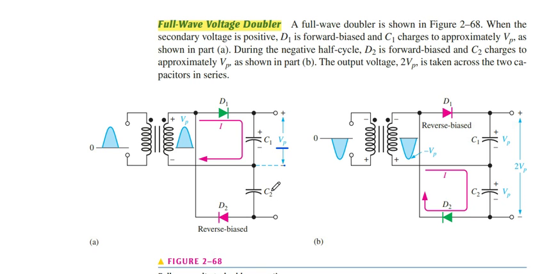And again the voltage stored in C2 is Vp. We get the output across this point and this point, which is equal to 2Vp, because C1 is not discharged. Both capacitors are discharged at the output, which is equal to 2Vp.